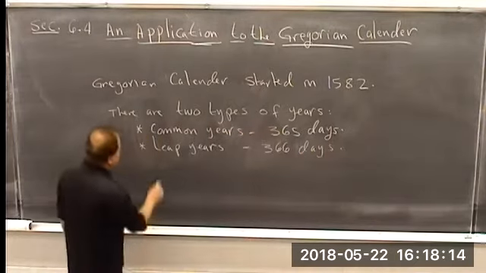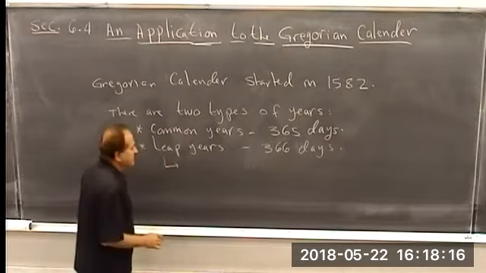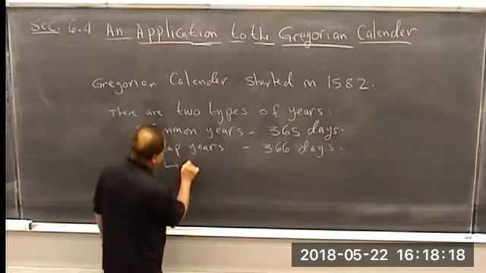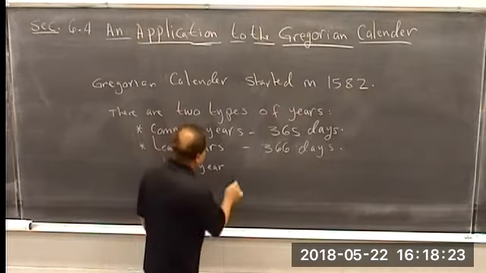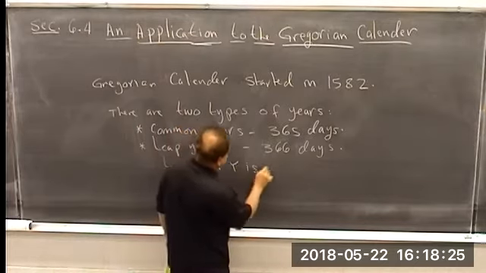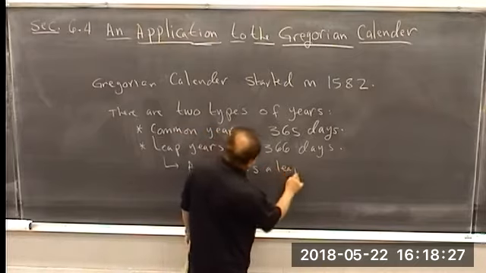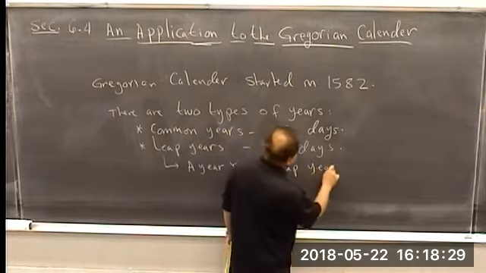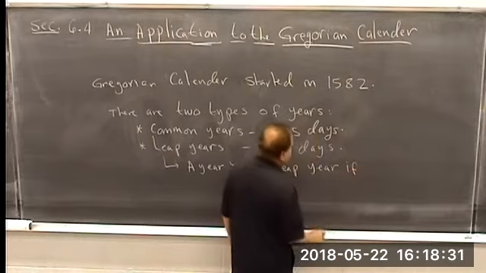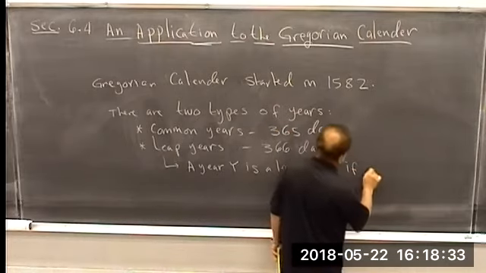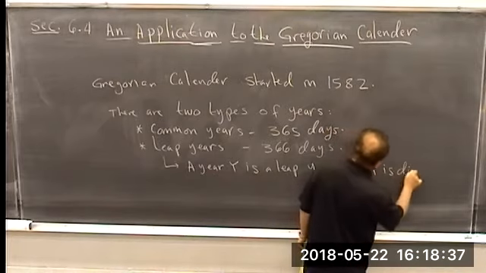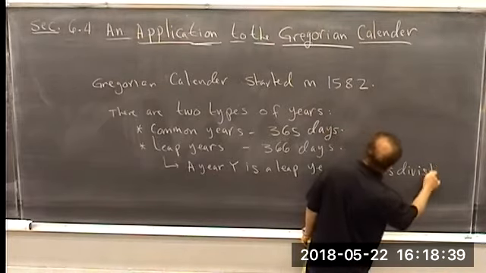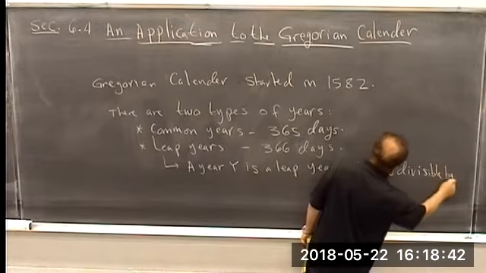Now, leap years are characterized as follows. A year Y is a leap year if Y is divisible by 4, or it's a multiple of 4.